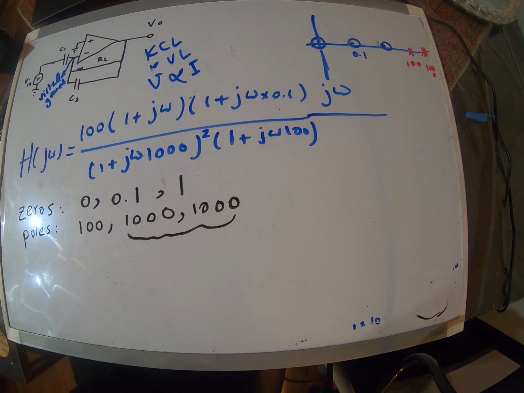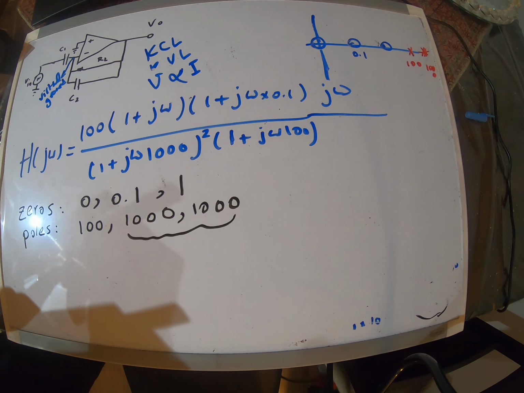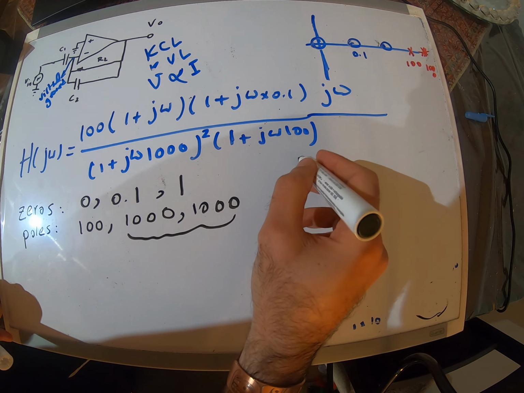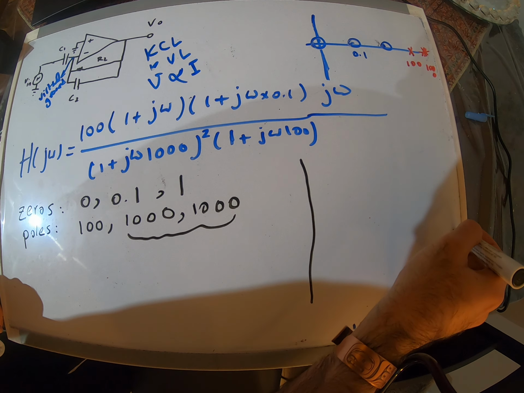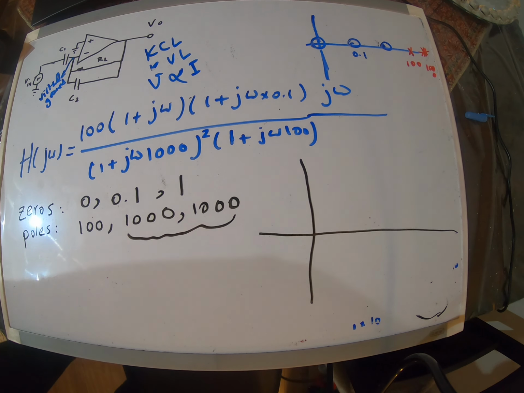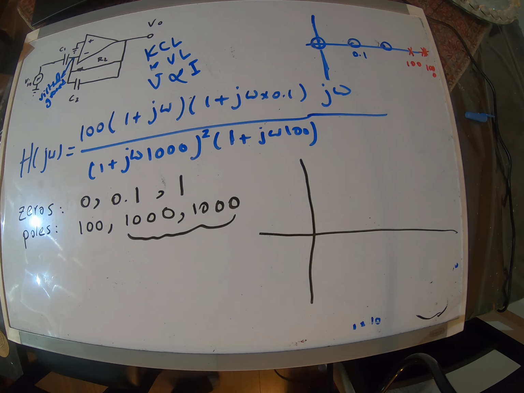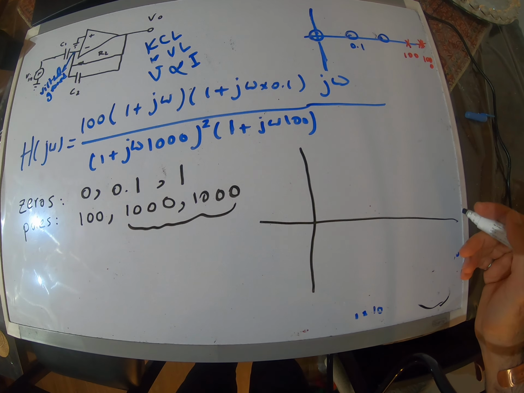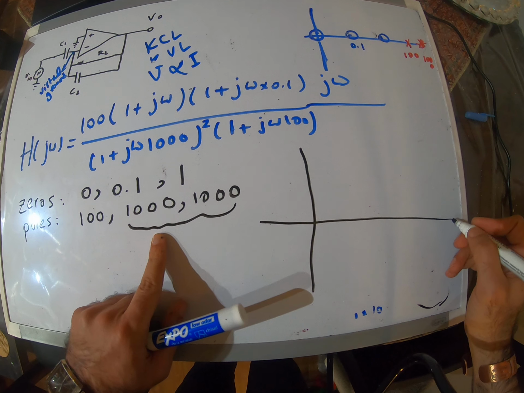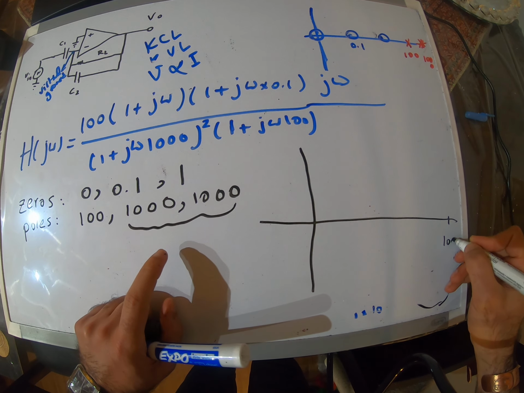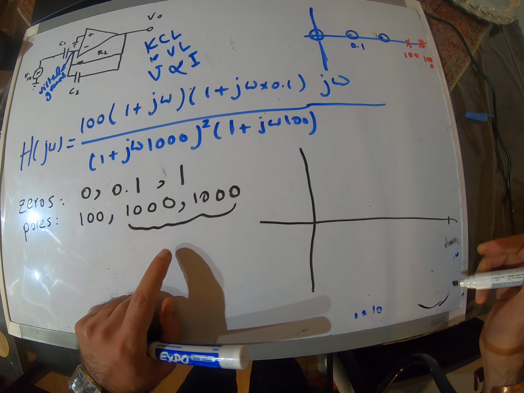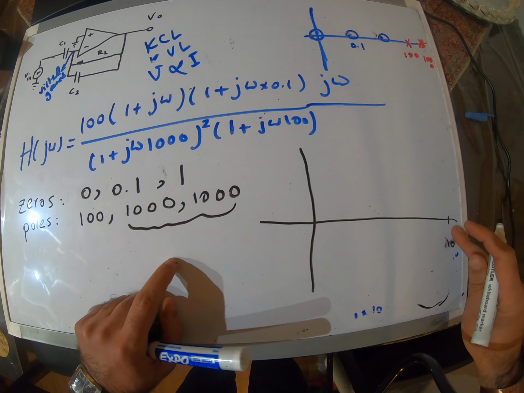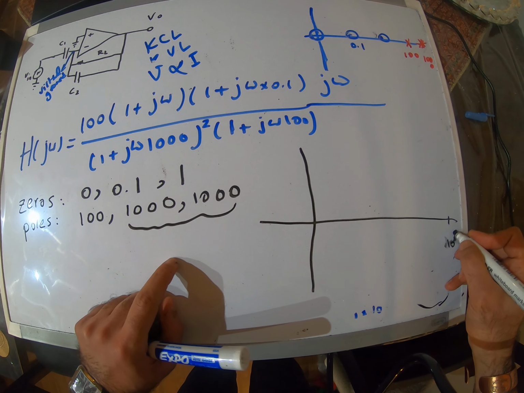Okay, so now let's do the magnitude Bode plot. What I'm going to do here, first of all, I need to go up to 1000. So let's make this 10 to power 5.